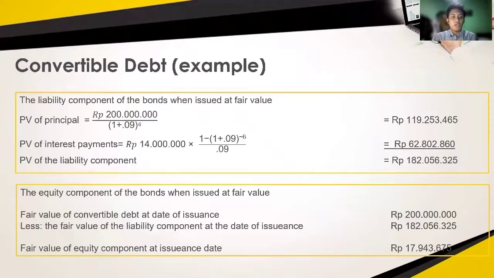The present value of the liability component is from the present value of principal and present value of interest payment, and we get 182,056,325.